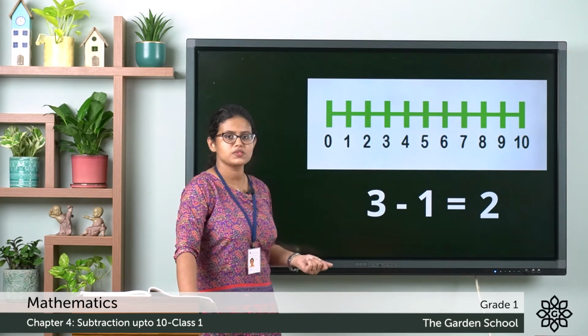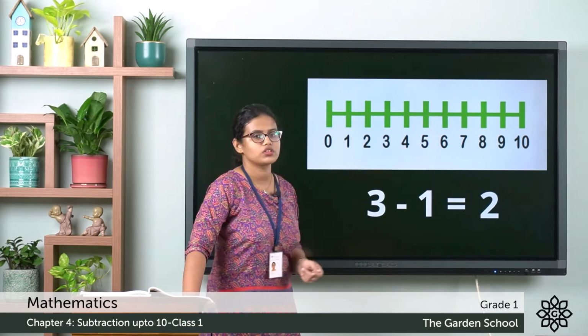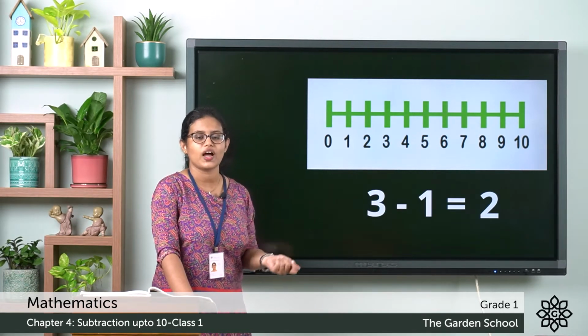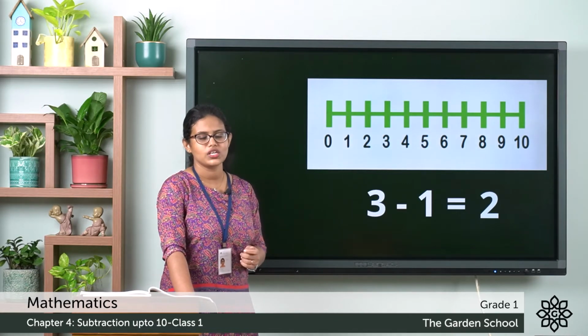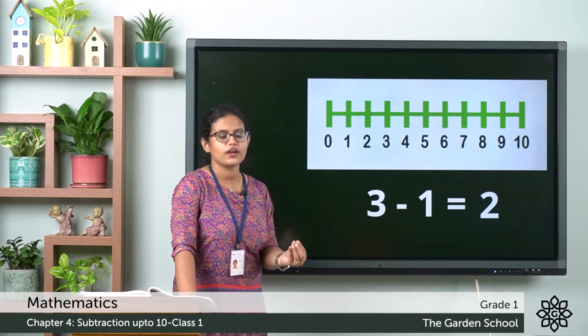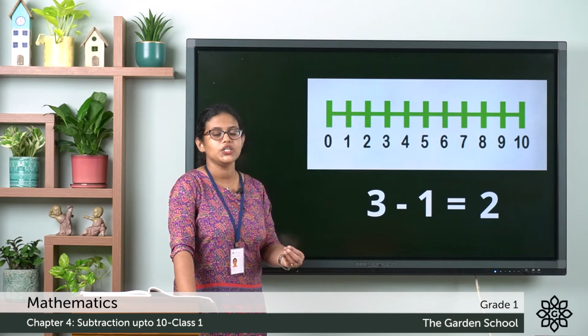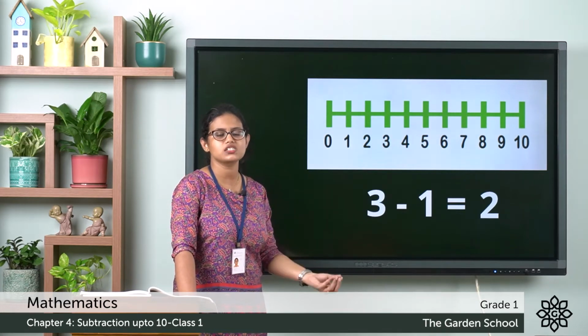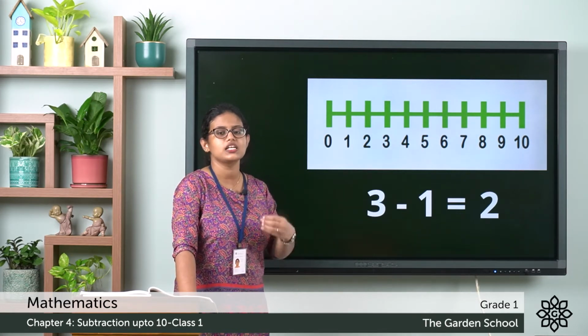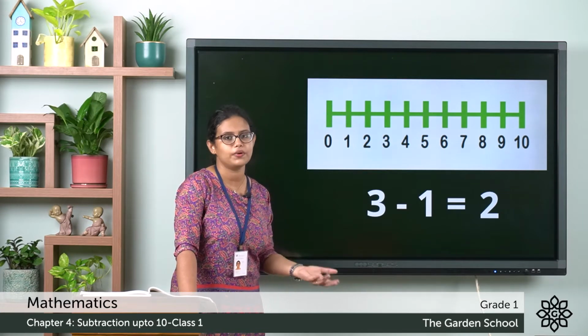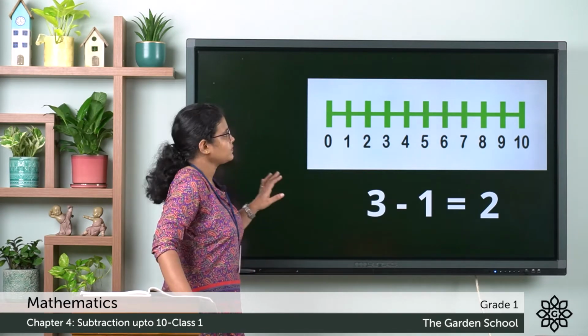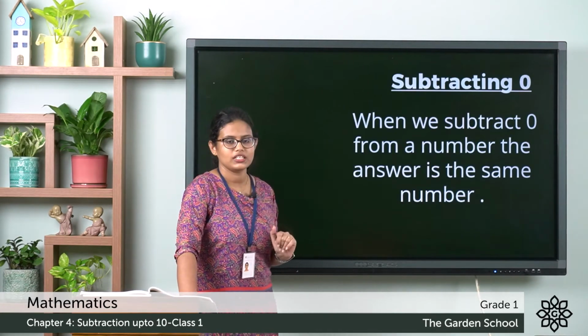So which number comes before 5? 4. So 5 minus 1 equal 4. So when you subtract 1 from any number, you get the number just before. Understood?